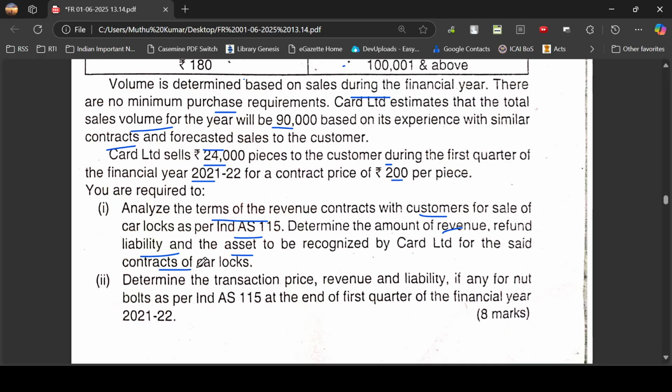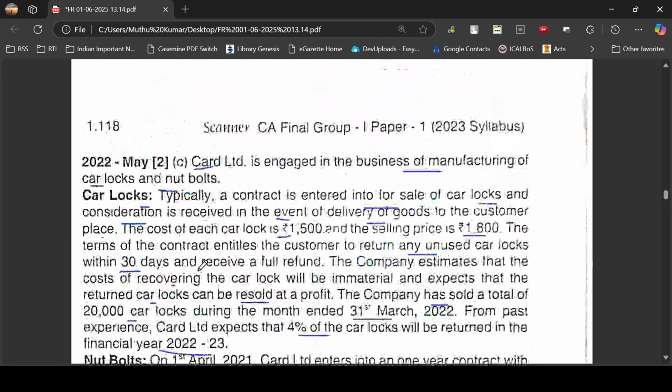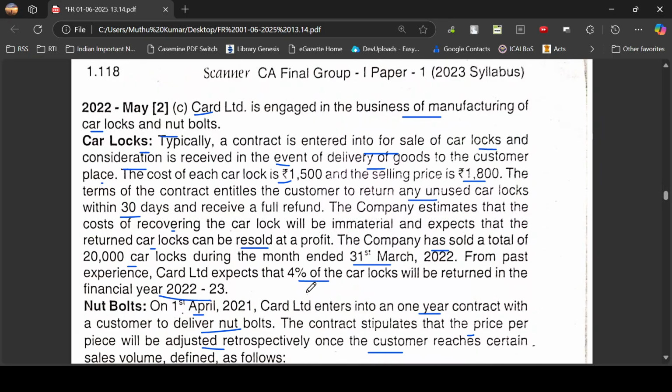For that, only 4% of car locks are to be refunded.